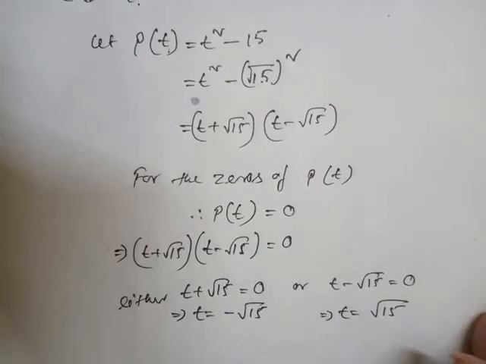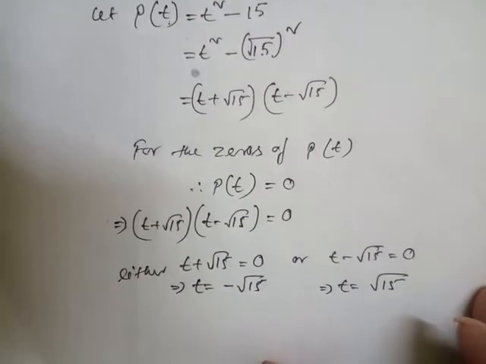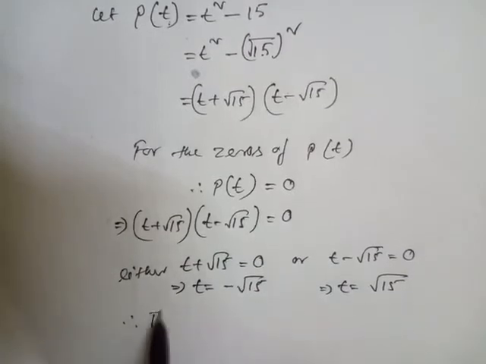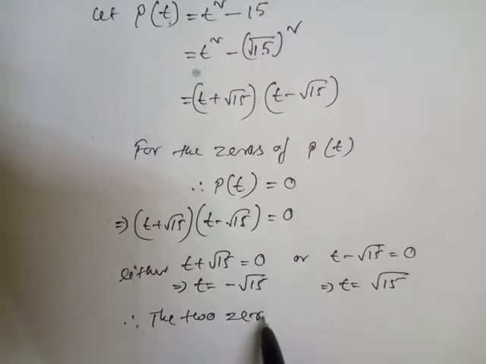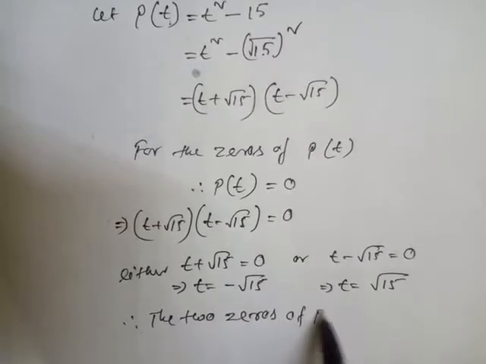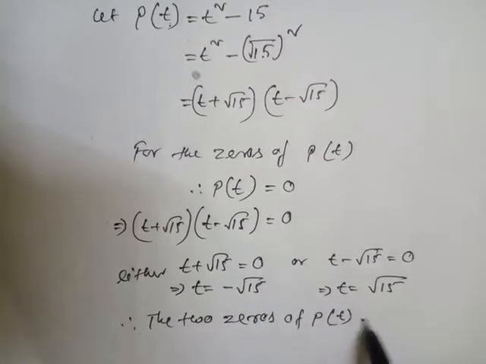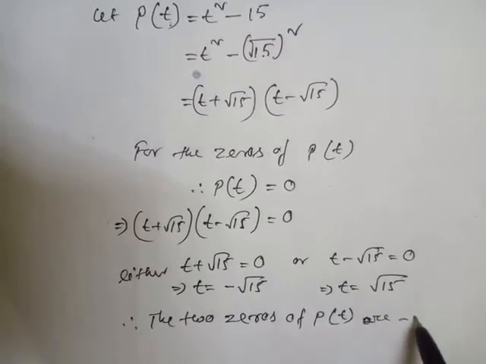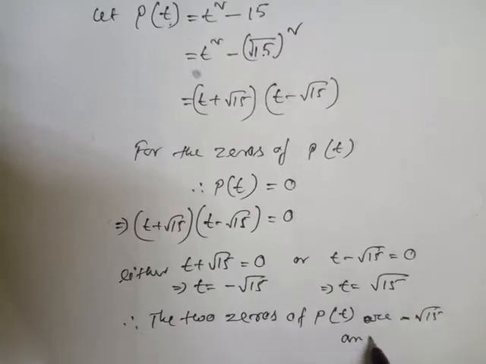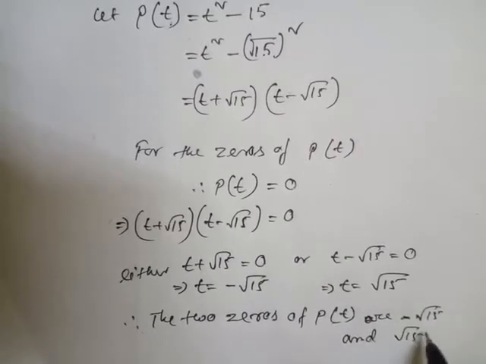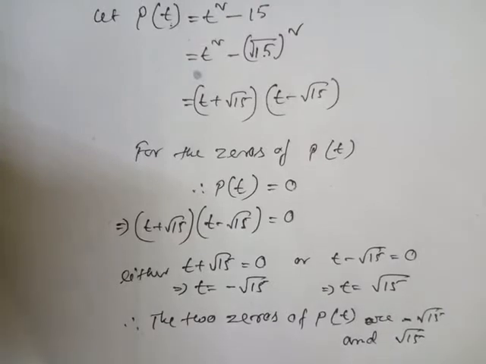So in the last line we can say that therefore the two zeros of p(t) are minus root over 15 and root over 15. Up to this much the first part only.